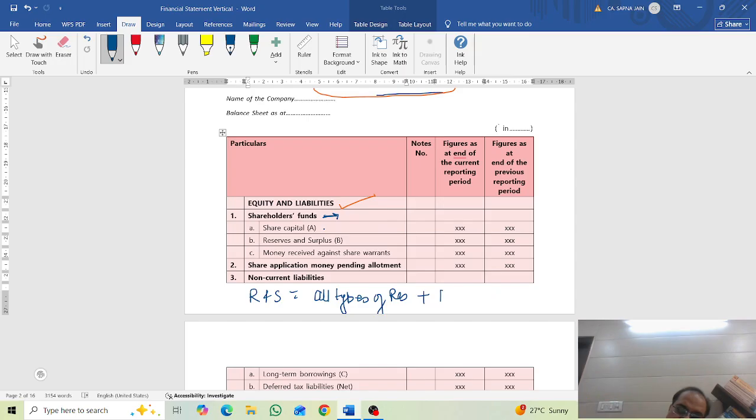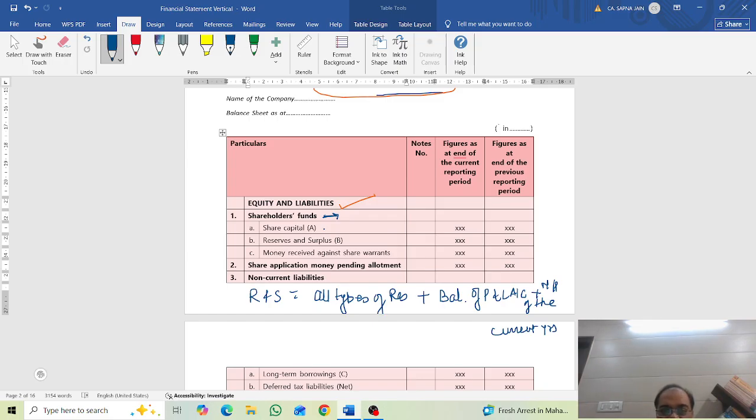Plus accumulated balance of profit and loss account, plus net profit of the current year, is also part of reserve and surplus.